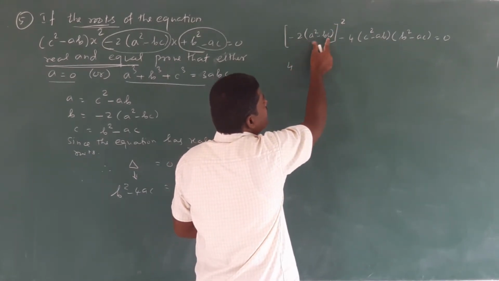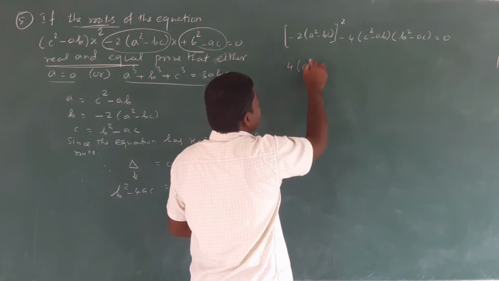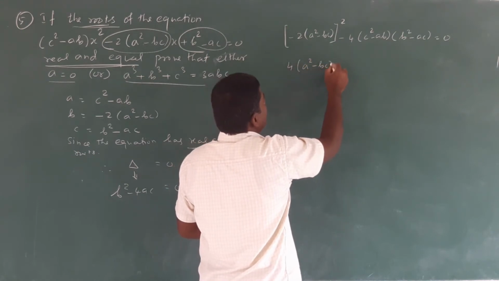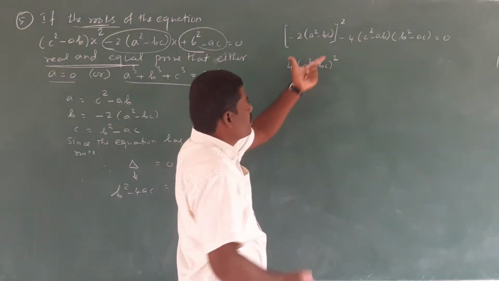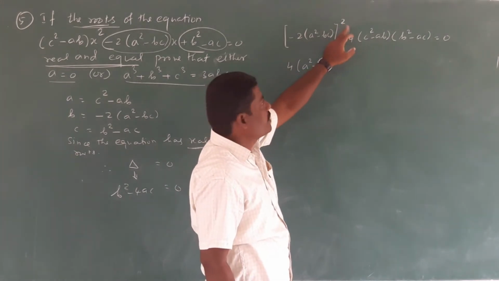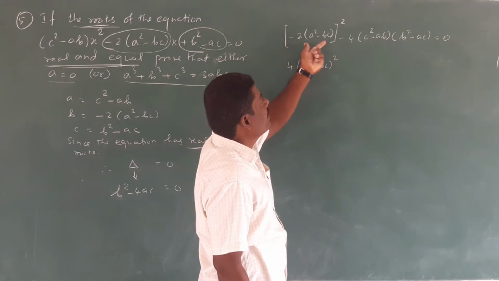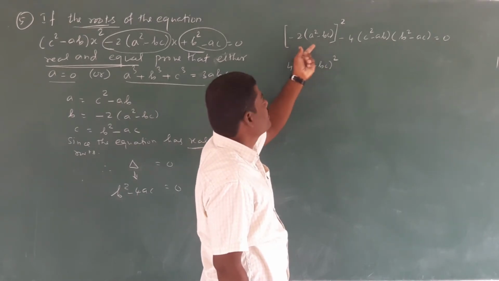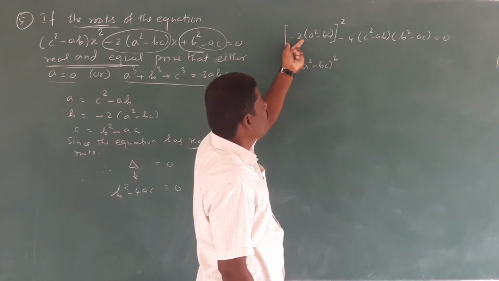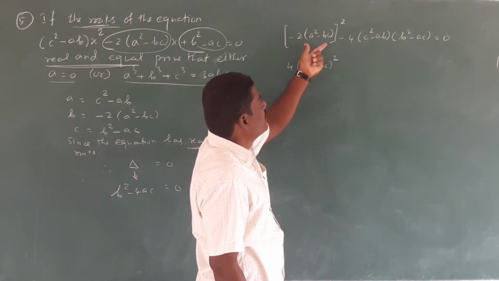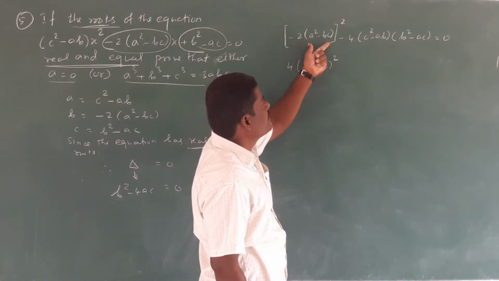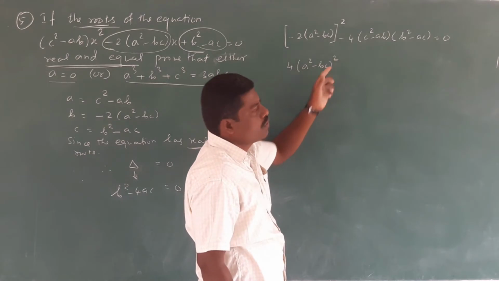So 4 times (a square minus bc) the whole square. Here the whole square is there. First you take the square of minus 2, which gives plus 4. Taking the square of a square minus bc is (a square minus bc) the whole square.